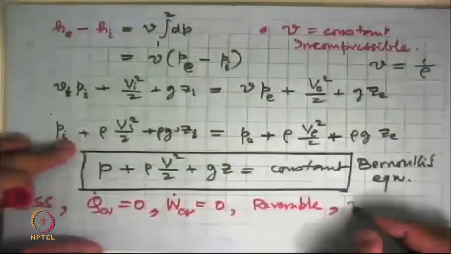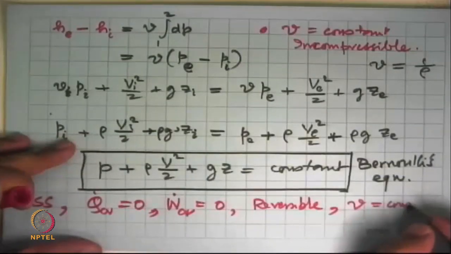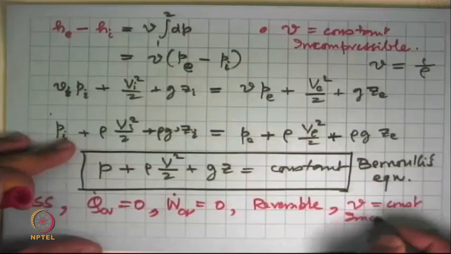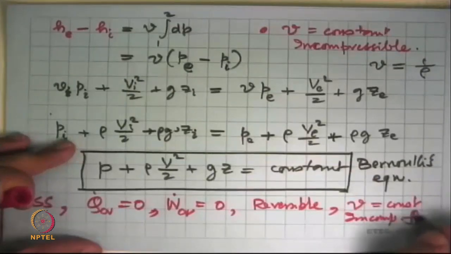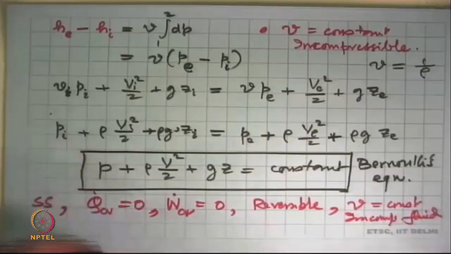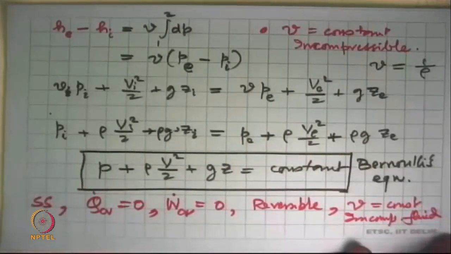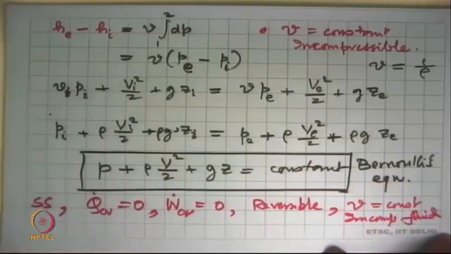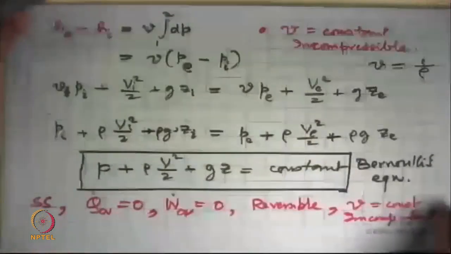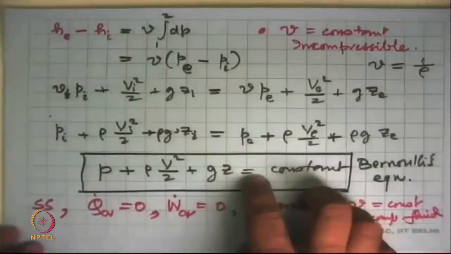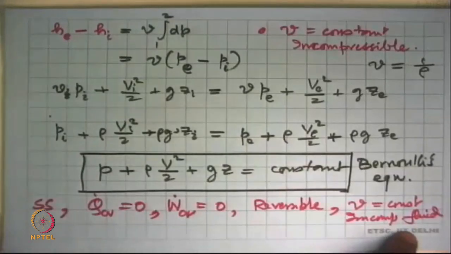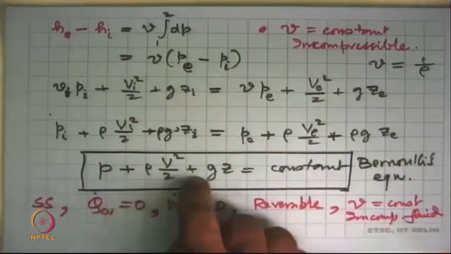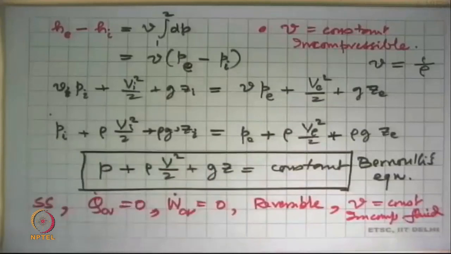And the last one we said v is constant, an incompressible fluid. So Bernoulli's equation is applicable only when all of these are satisfied. If any one of these is violated, we cannot apply Bernoulli's equation. So what looks so simple, and we have used it so many times, has a good number of restrictions before you can even use it.